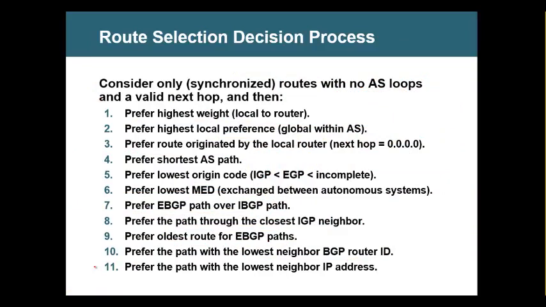So it's only IGP origin recommended over redistributed. Network command over redistributed. One network can be advertised using the network command, and can also be advertised using redistribution. Correct? Am I saying right? So prefer the neighbor advertising via the network command over the neighbor who provides a redistributed route for the same network. Any other question?